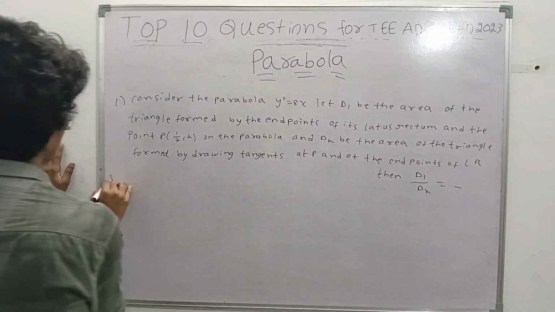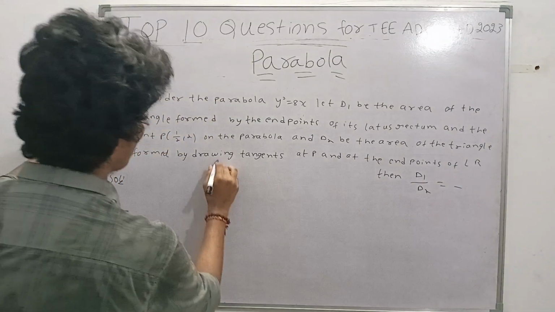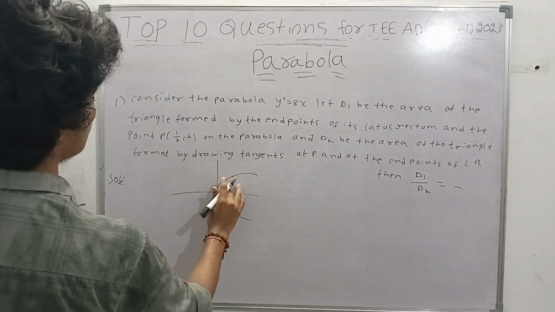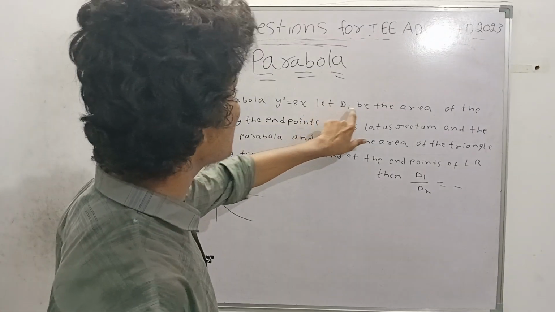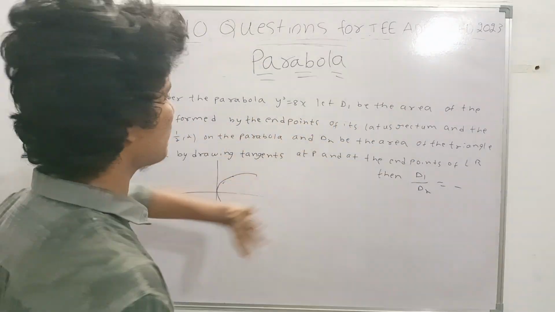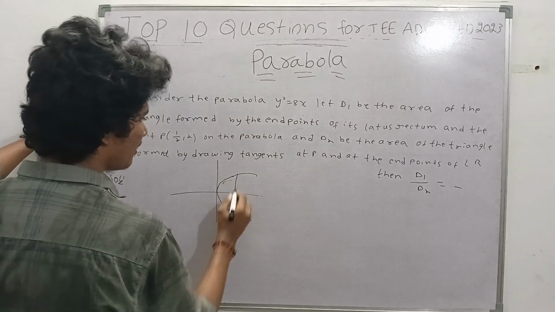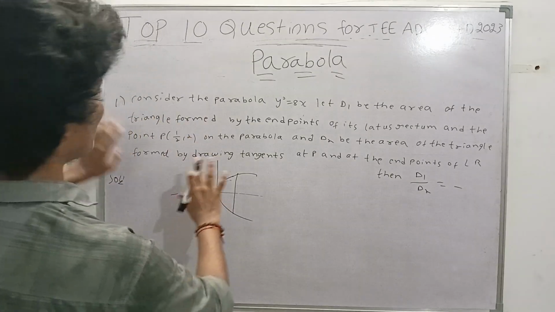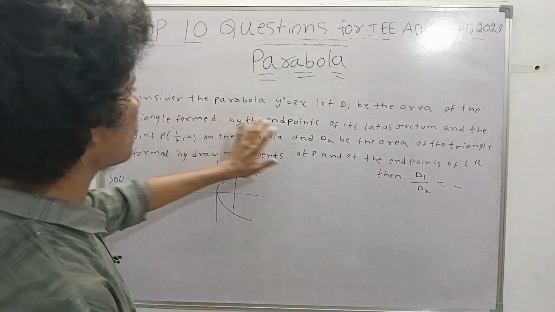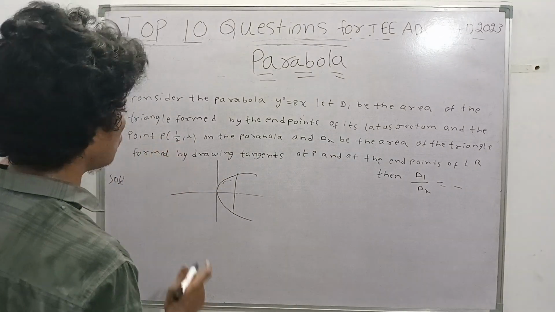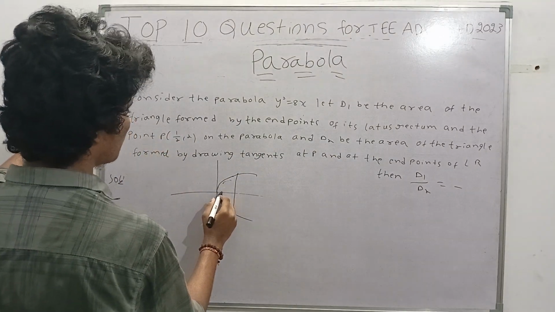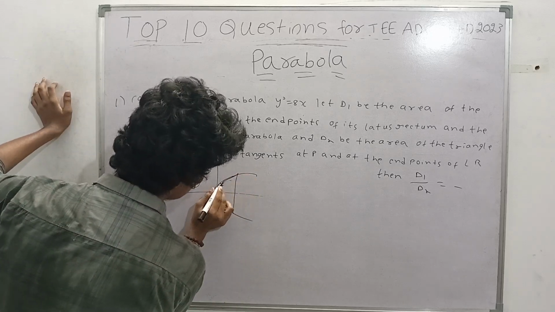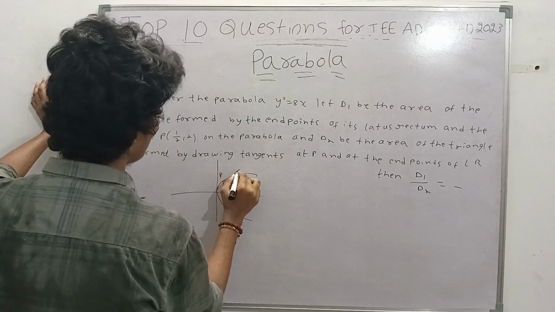So basically, if you see this question clearly, consider the parabola y square equal to 8x. So this is a parabola y square equal to 8x. Now they are saying that let delta 1 be the area of the triangle formed by the endpoints of the latus rectum and the point P (1/2, 2). So this is the latus rectum, and this is the triangle formed between P and the latus rectum points.